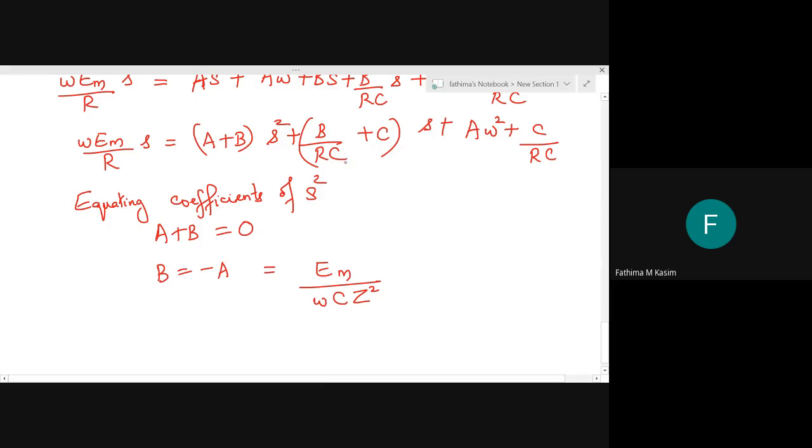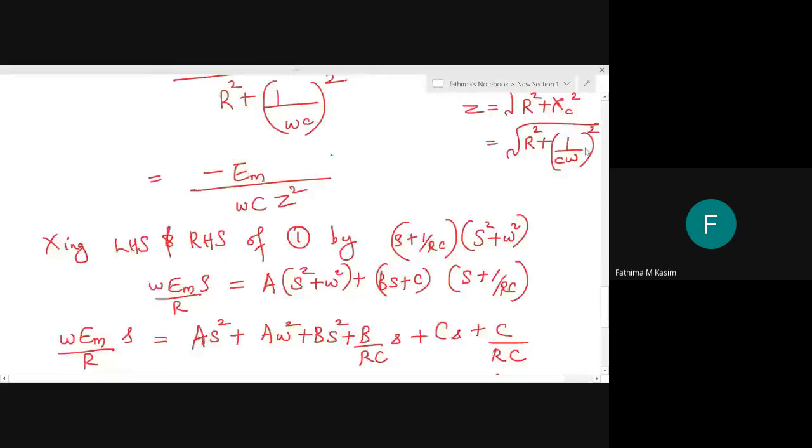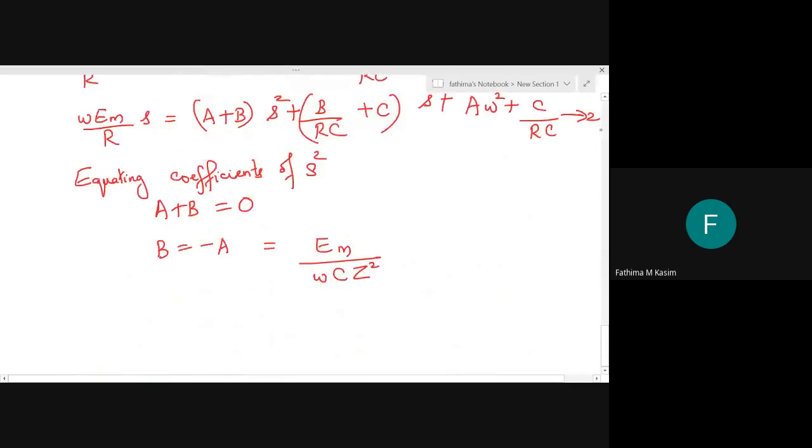For that we can equate the coefficients of S. So let this be our second equation.